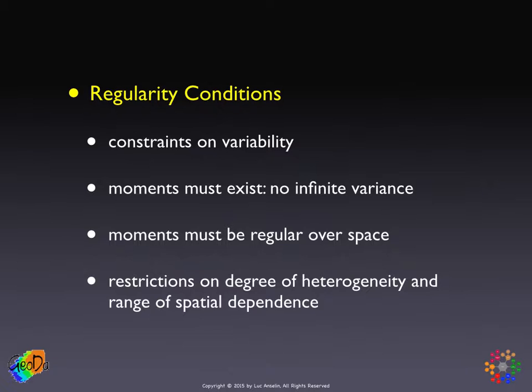And secondly, you cannot have that everything is correlated with everything else equally strongly. So you need some kind of distance decay in the spatial dependence, which ensures effectively that there's a range on the spatial dependence beyond which there is no longer any spatial dependence.